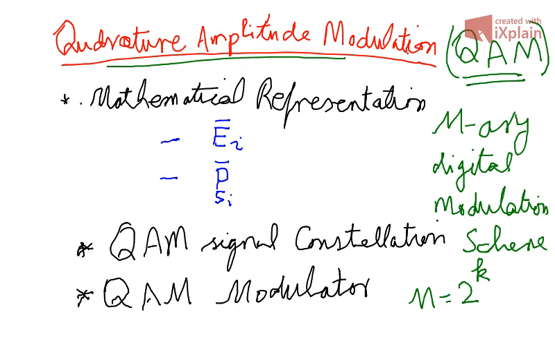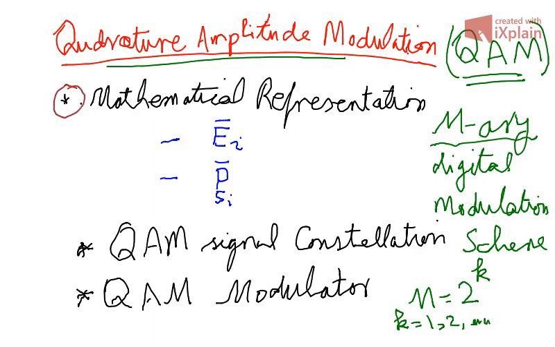And k is 1, 2, up to capital M. K varies from 1 and so on. It's an integer.